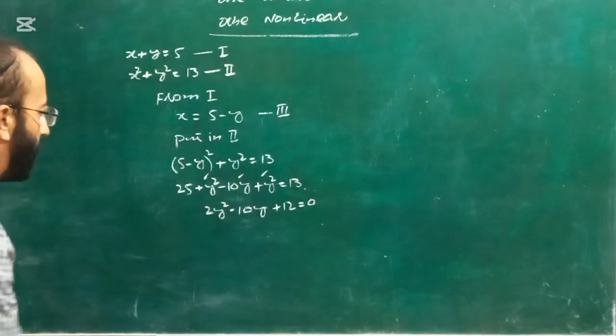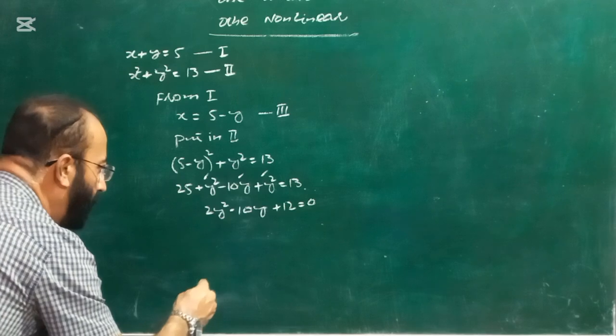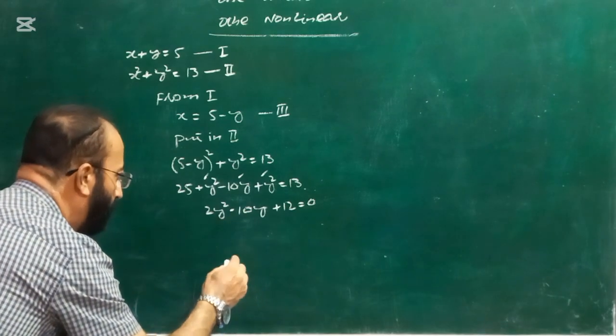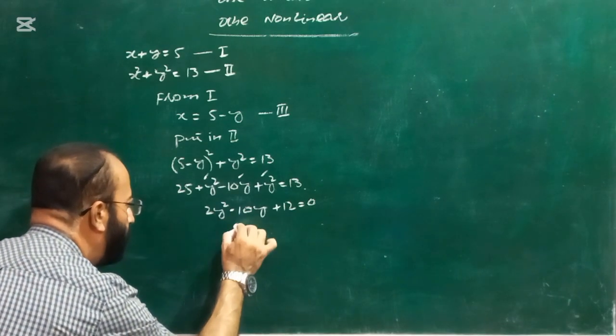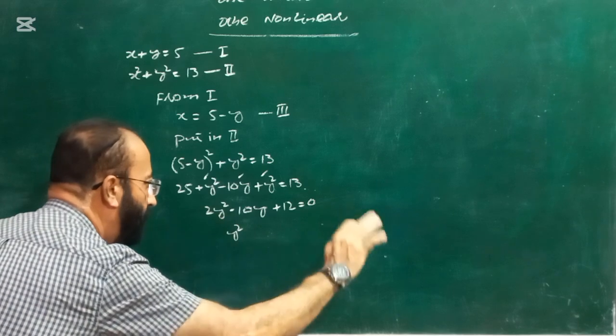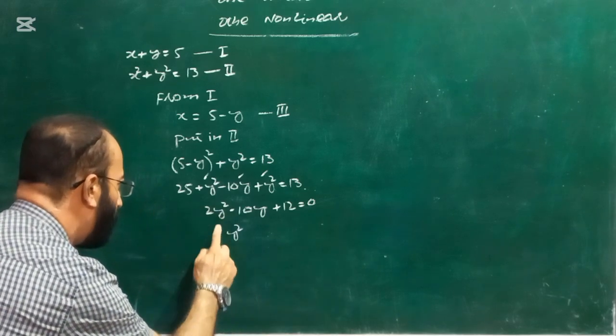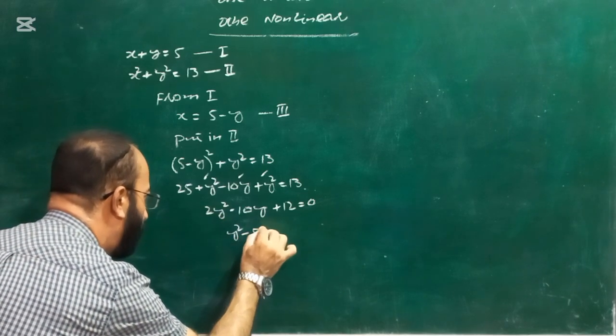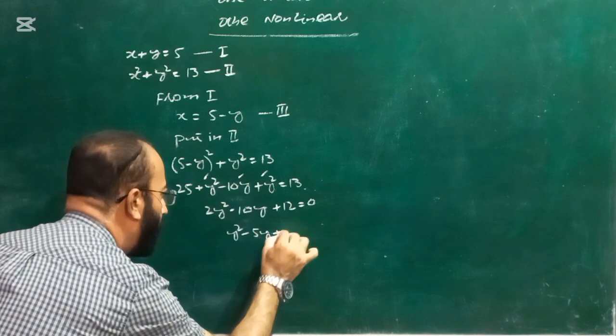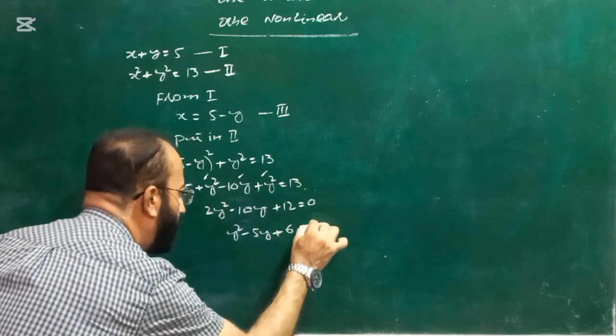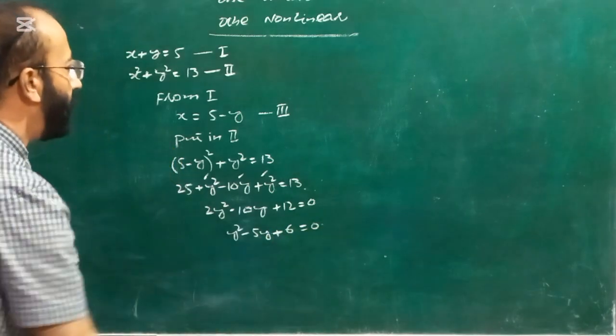At this step we can take the common factor so that this equation will be in more simplified form. So 2 will be taken as common and shifted to the right hand side. So y square minus 5y plus 6 equal to 0. So this is the equation now.